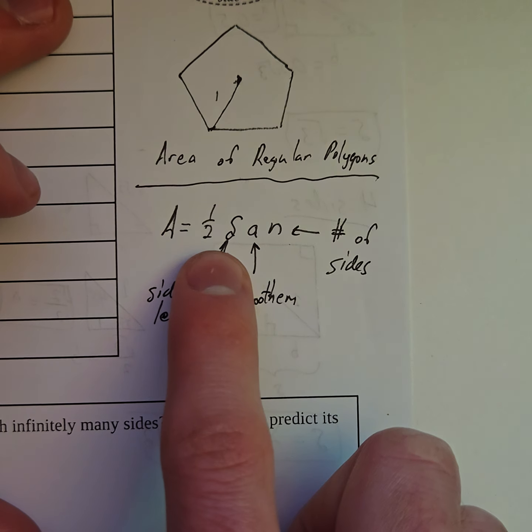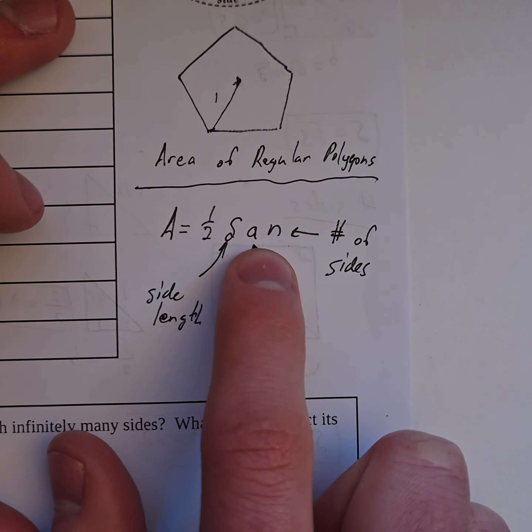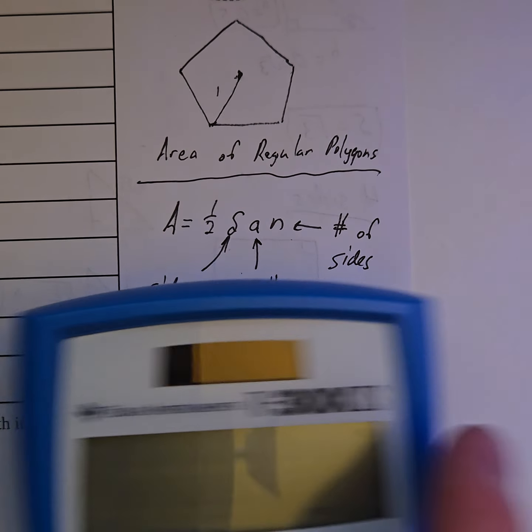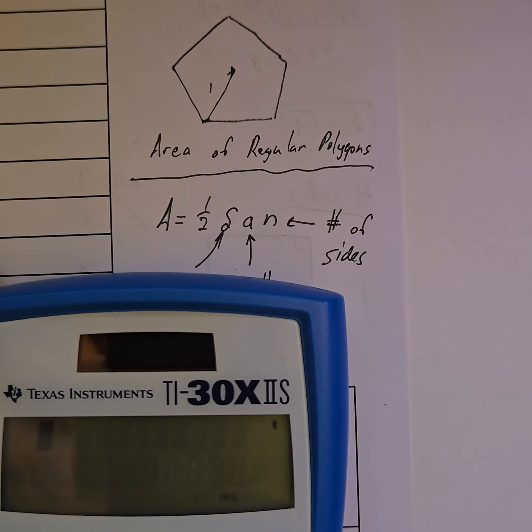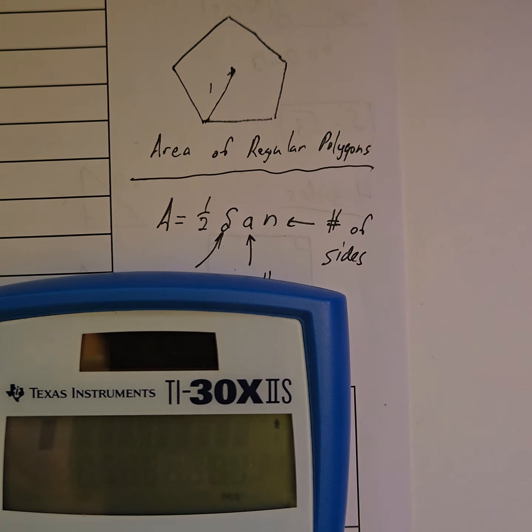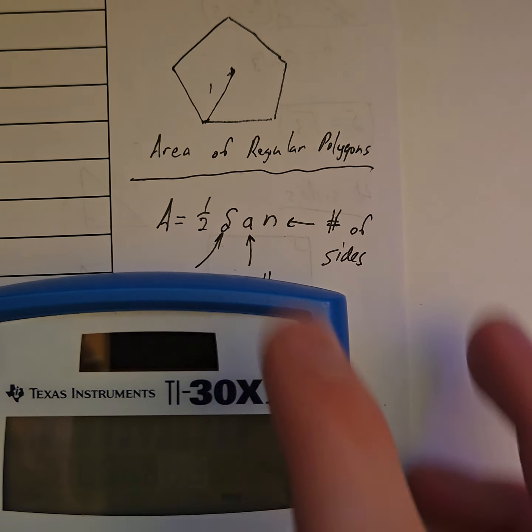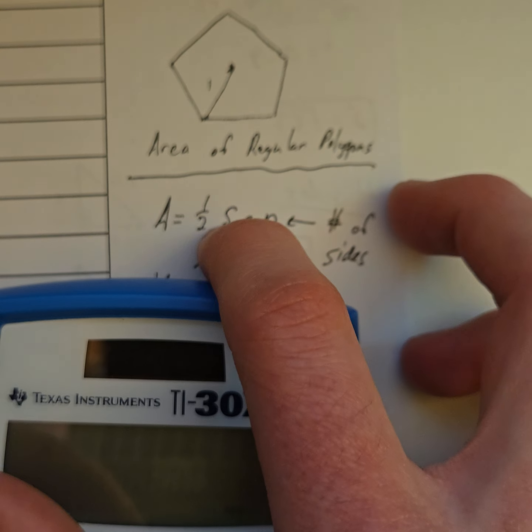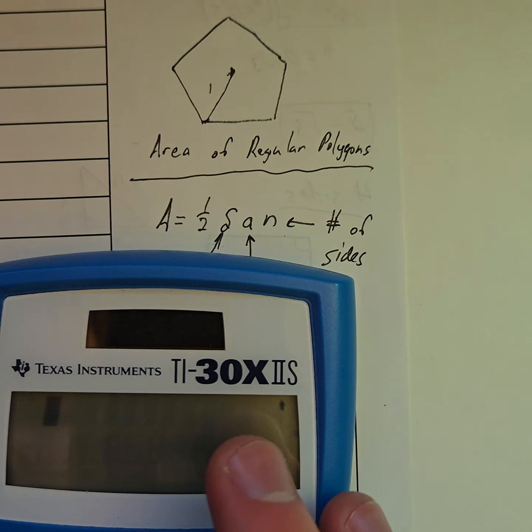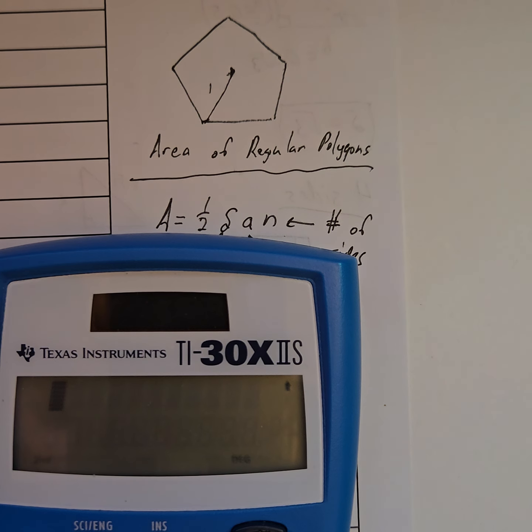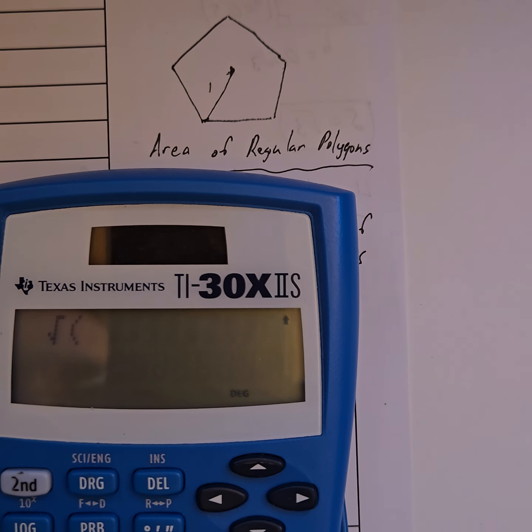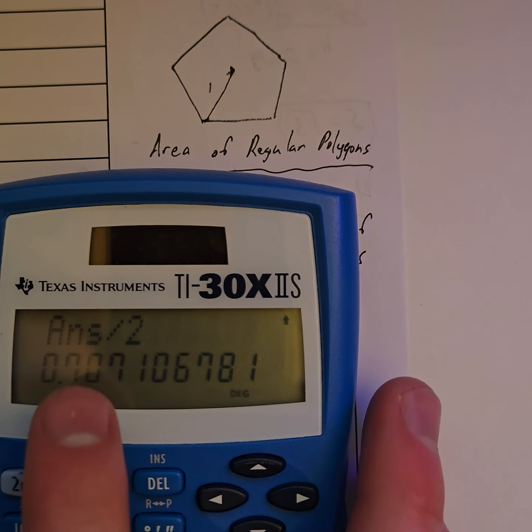Now if we want to do the area, we have to do our formula here: 1/2 of our side length times the apothem times your number of sides. Let's do this one step at a time. We need 1/2 of our side length, which is the square root of 2, so we take the square root of 2 and divide that by 2.